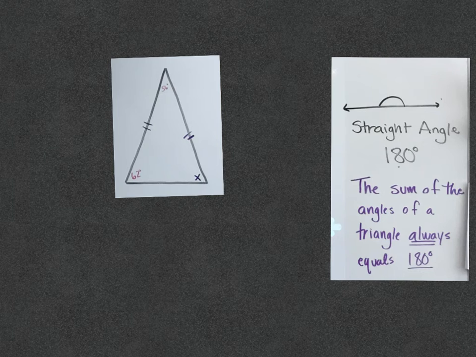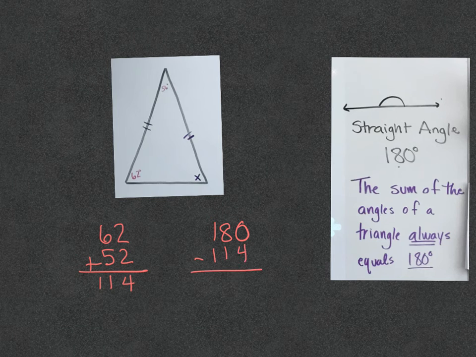All right, let's try this one. These angles are a little more specific. So we have 62 plus 52, so 114. So 180 minus 114 will give us 66 degrees.